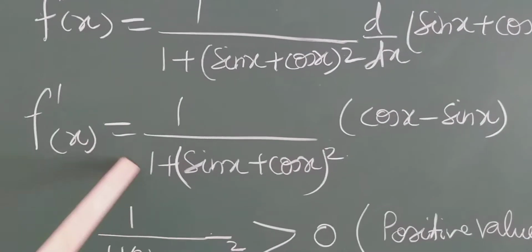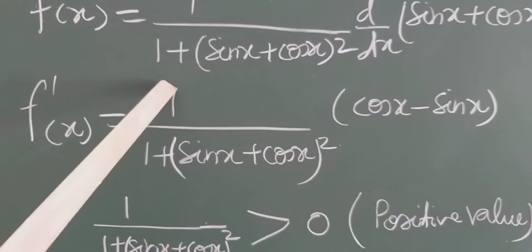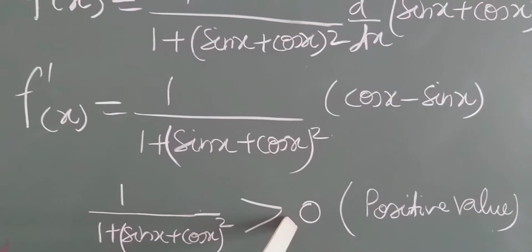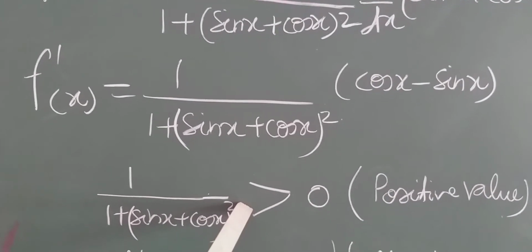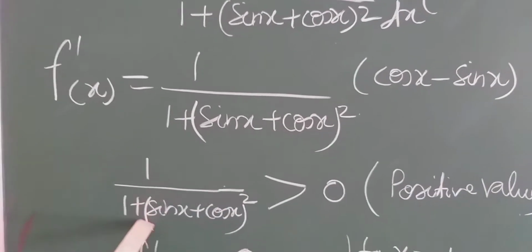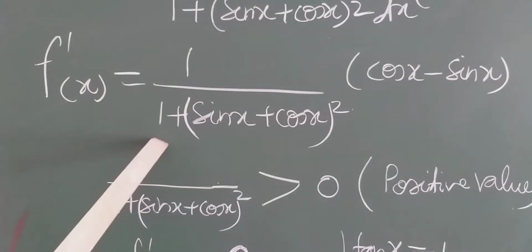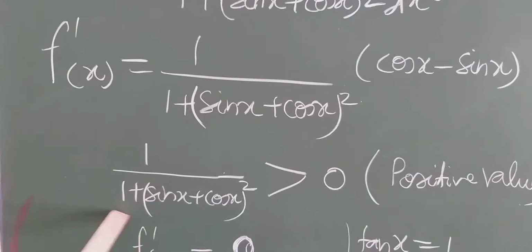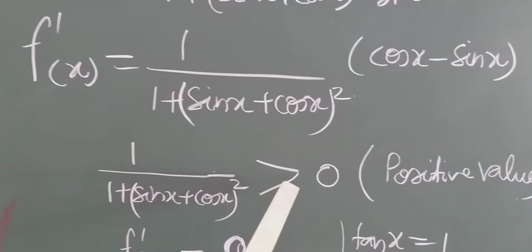So this part should be greater than 0 because it is a whole square. And suppose the part inside the bracket becomes 0, then its answer is 1. So we can say it is greater than 0.